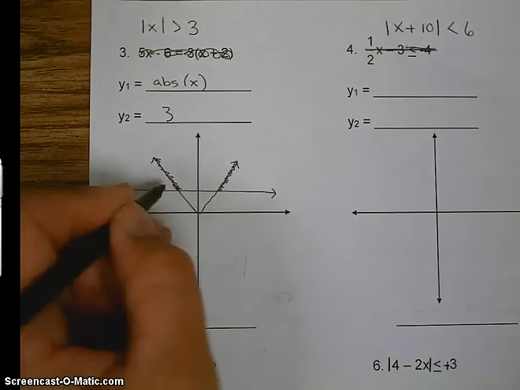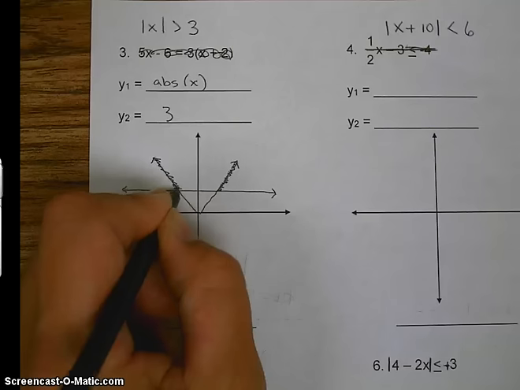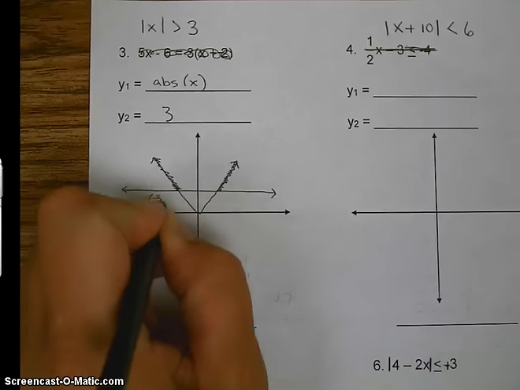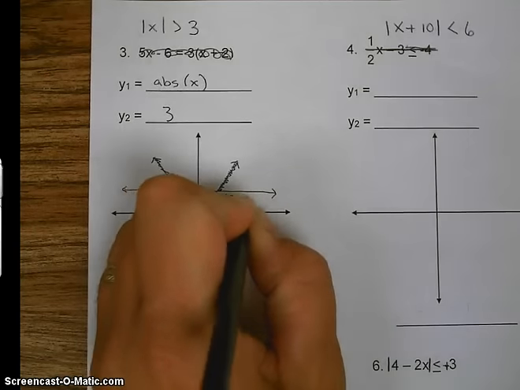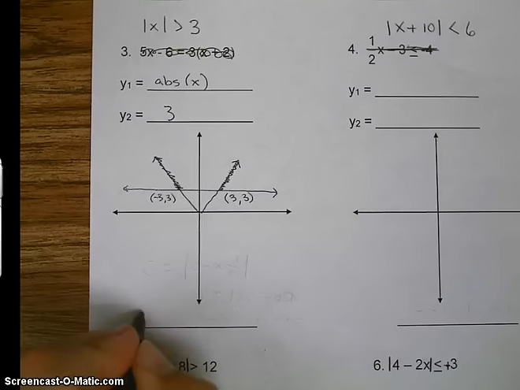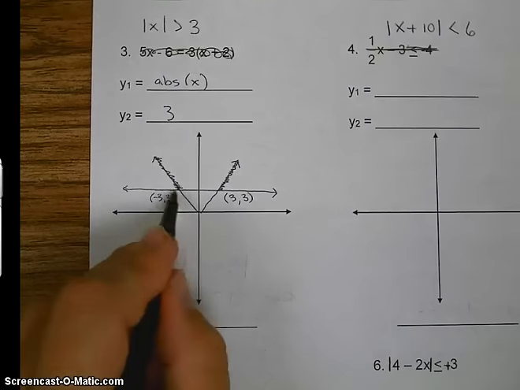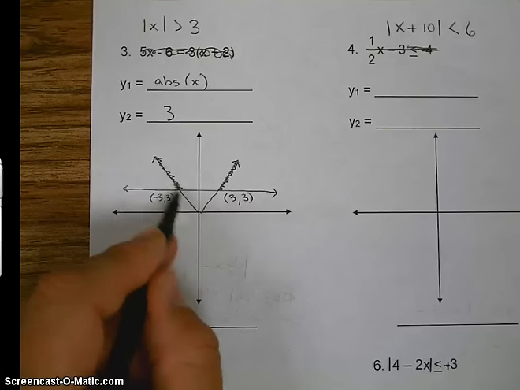So finding these intersection points, again, this is going to be at -3, 3, and +3, 3. So we're going to have x is less than -3 because we're going to the left.